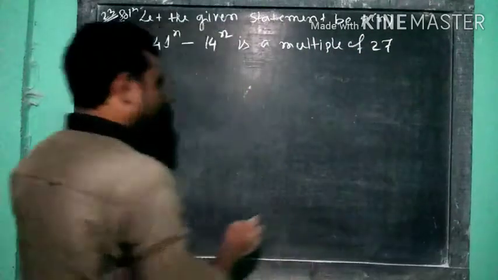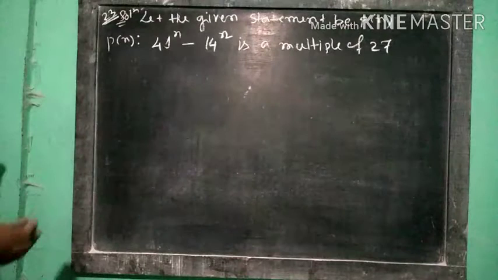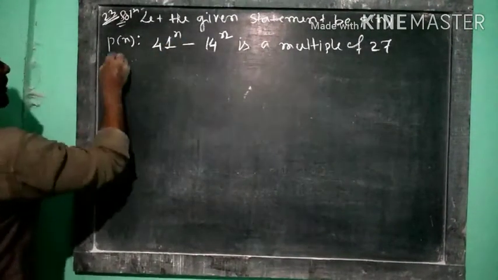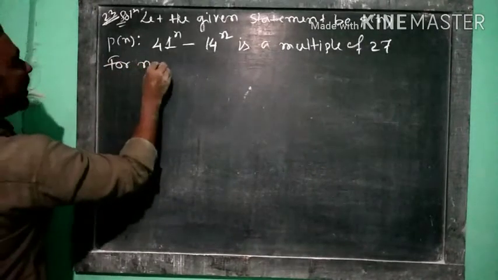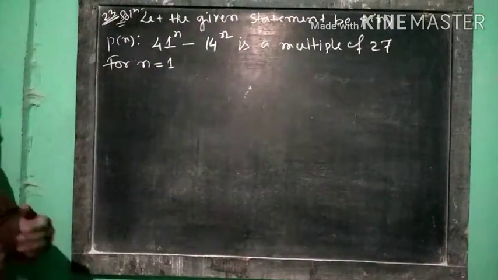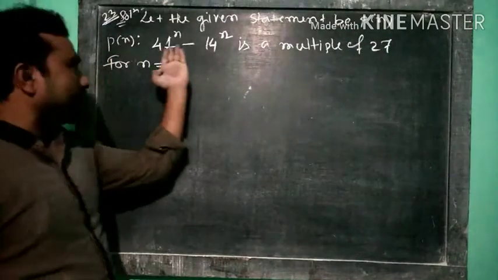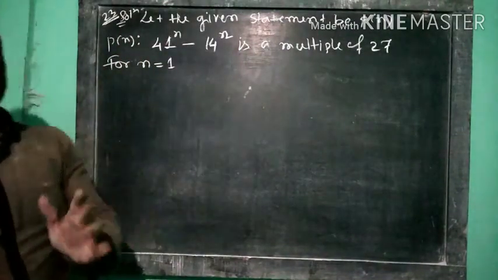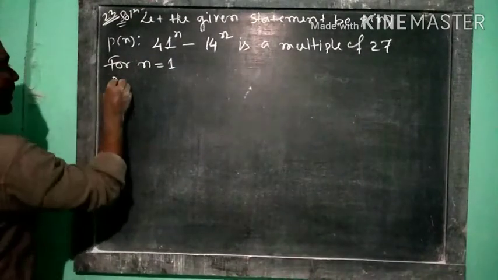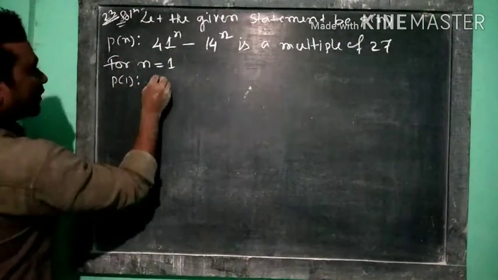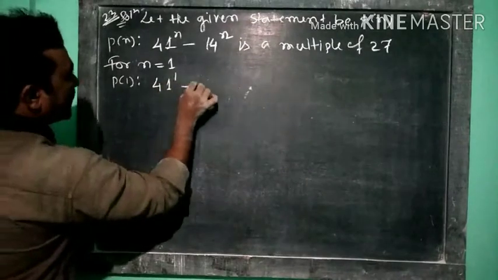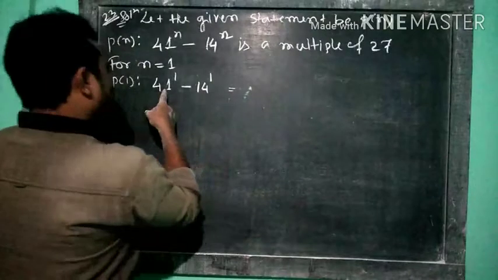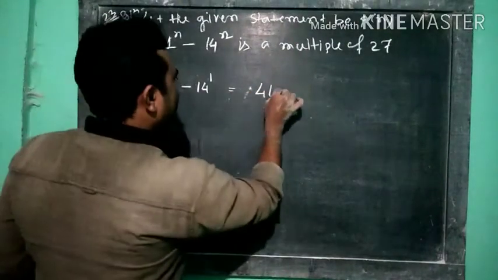Like before, we have to do the steps. For n equal to 1, we put 1 in place of n and check whether it is divisible by 27 or not. So for n equal to 1, P of 1 such that 41 to the power 1 minus 14 to the power 1 is equal to 41 minus 14.